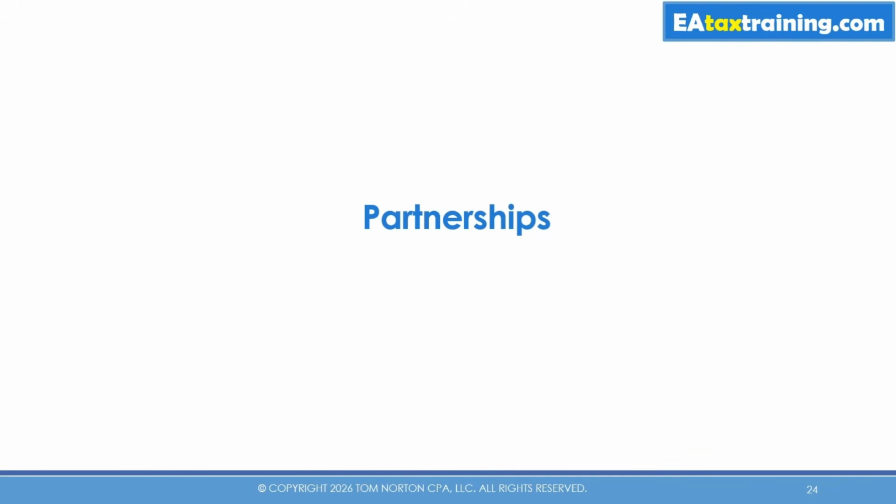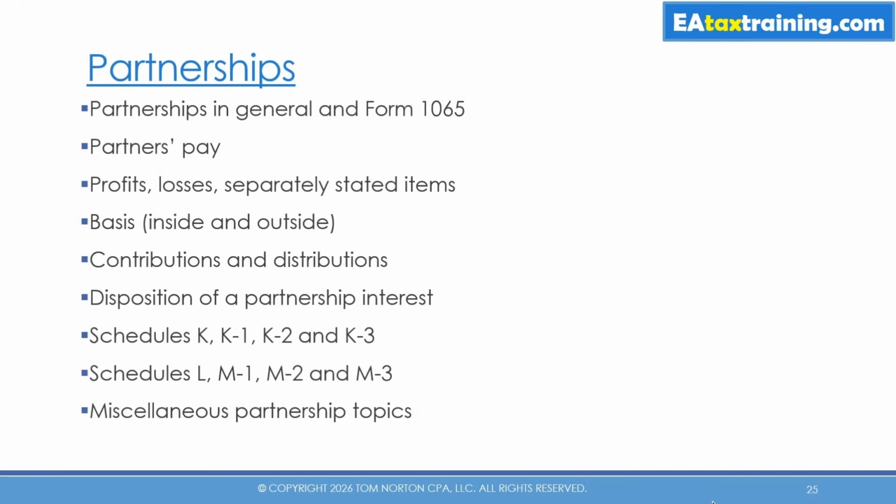But again, for the EA exam, don't panic. They just want to test that you understand the basic concepts. So that's what we are going to go over. Specifically, what we are going to cover are partnerships in general and Form 1065, partners pay, profits, losses, and separately stated items.